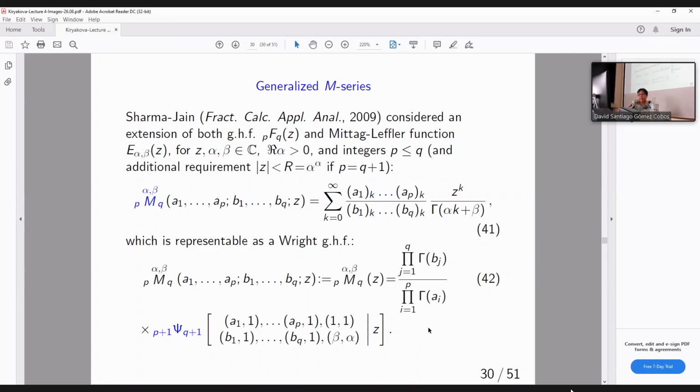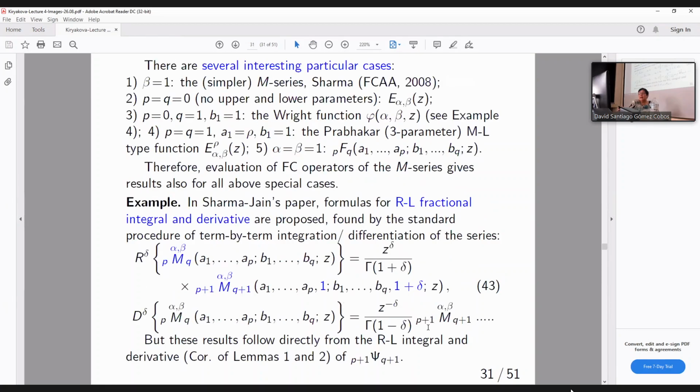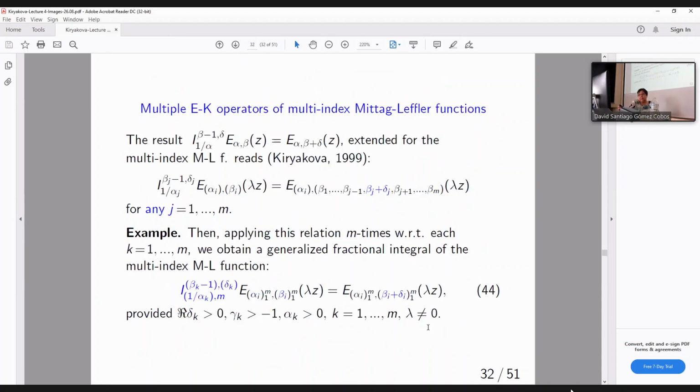These are represented as p plus 1, q plus 1 Ψ functions, and then with all these very special cases, the result can be easily seen that Riemann-Liouville operator of such function will increase the indices, and then from pΨq function we go to p plus 1 Ψ q plus 1 function, to be in advance known what to be expected.